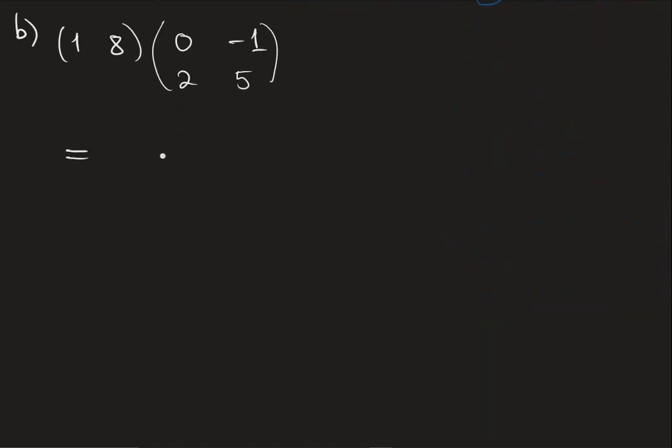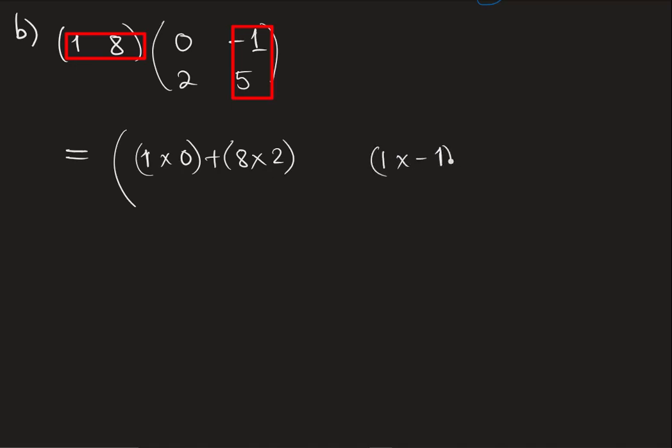The solution is just going to be very easy. Remember, we've been given a hint. The solution is going to have 1 row and 2 columns. So when doing the multiplication, we'll just worry about 1 multiplied by 0 plus 8 multiplied by 2. And then we go to the next, which is 1 multiplied by -1 plus 8 multiplied by 5.